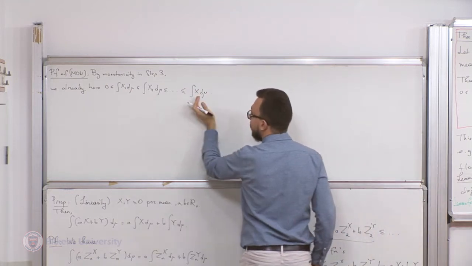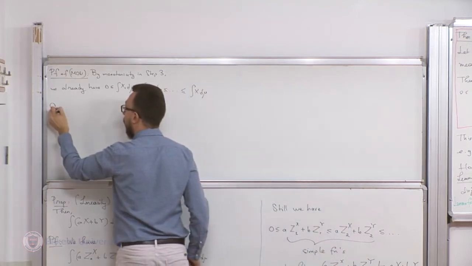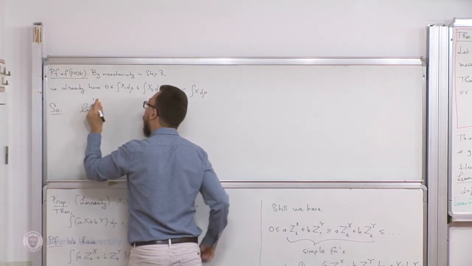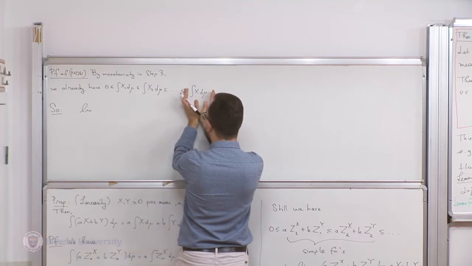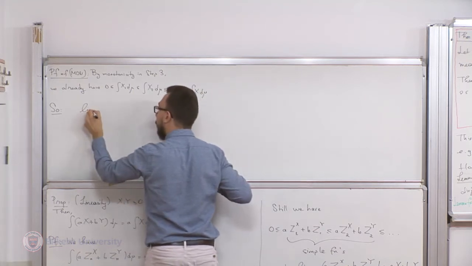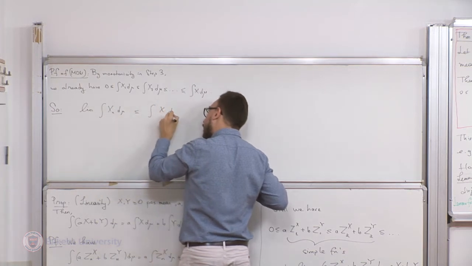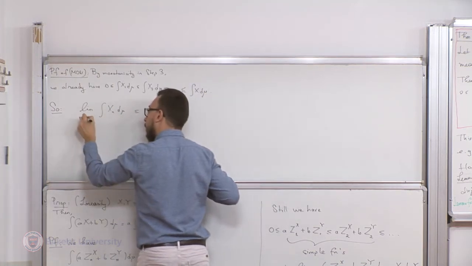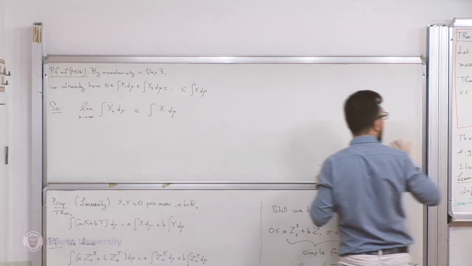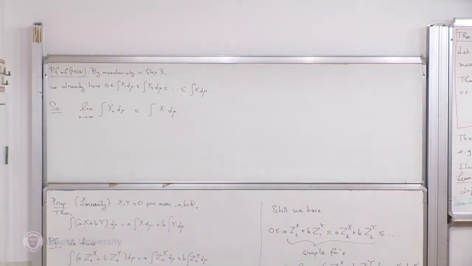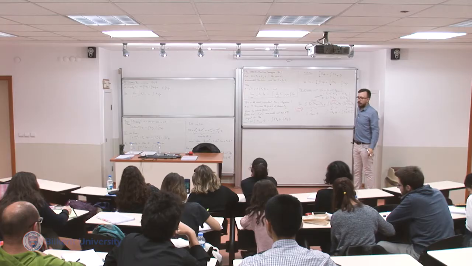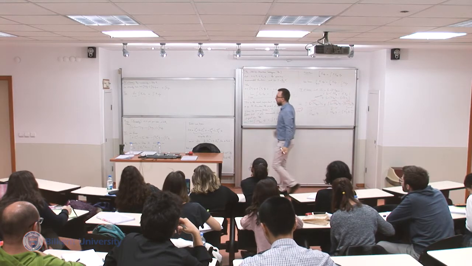So each of them is less than x. Therefore, the limit of all those values which are below the integral of x is also below the integral of x. So one part is not very difficult. It just follows from monotonicity of integral, not convergence.